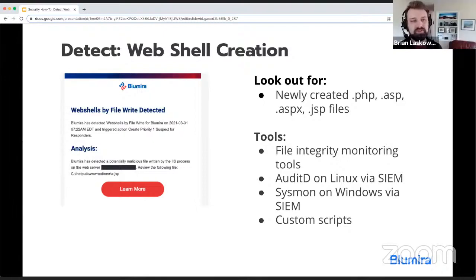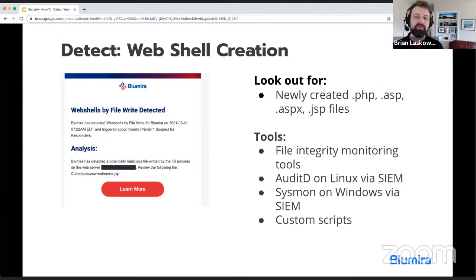Yeah, sure. So in relation to that question, this is that first stage: the first thing that has to happen in a web shell attack is the threat actor has to get the shell on the system. As far as how it occurs, it can vary depending on how the threat actor gets in and what access they have.